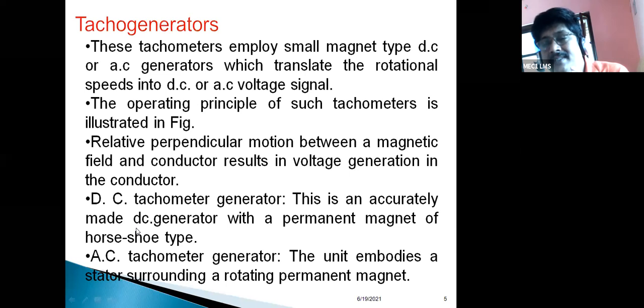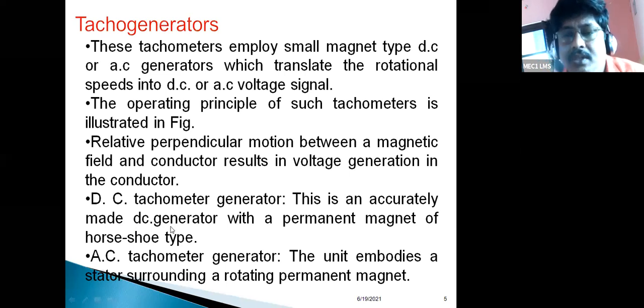Again, I'm repeating: in the DC tachometer, a DC voltage signal is generated, which is proportional to the speed of the rotating shaft. In the AC tachometer, an AC voltage signal is generated, proportional to the speed of the rotating shaft.